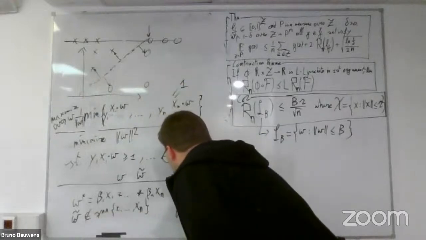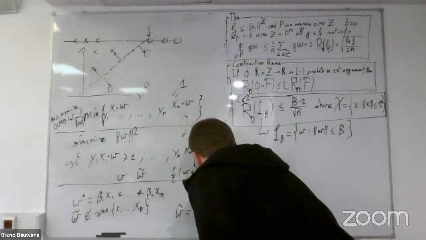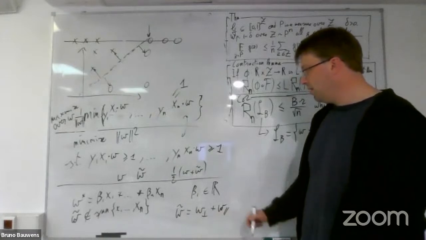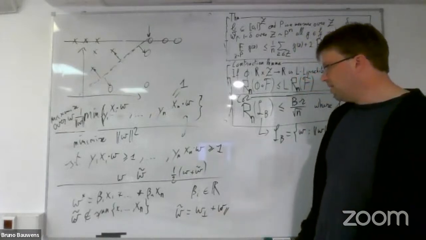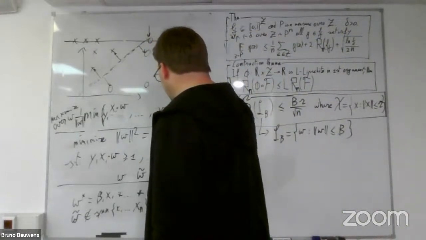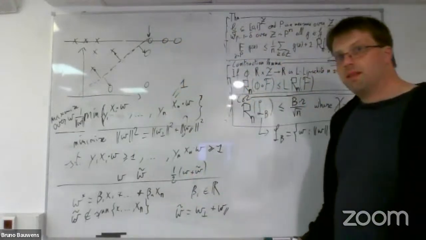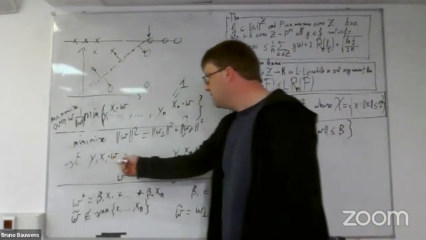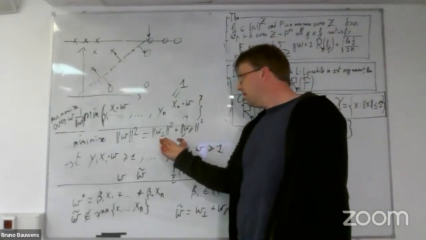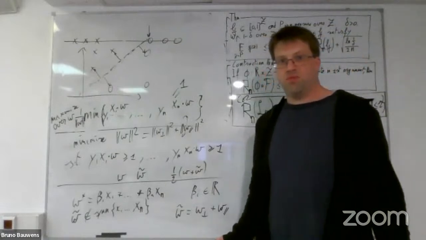Then this W tilde can be decomposed as W orthogonal plus W parallel. Now let us think about this norm. This norm will be equal to the norm of W orthogonal plus W parallel, so Pythagoras theorem. But W orthogonal doesn't change anything about the constraints. So we can drop W orthogonal and the objective decreases. So that's it. The representer theorem is proven.